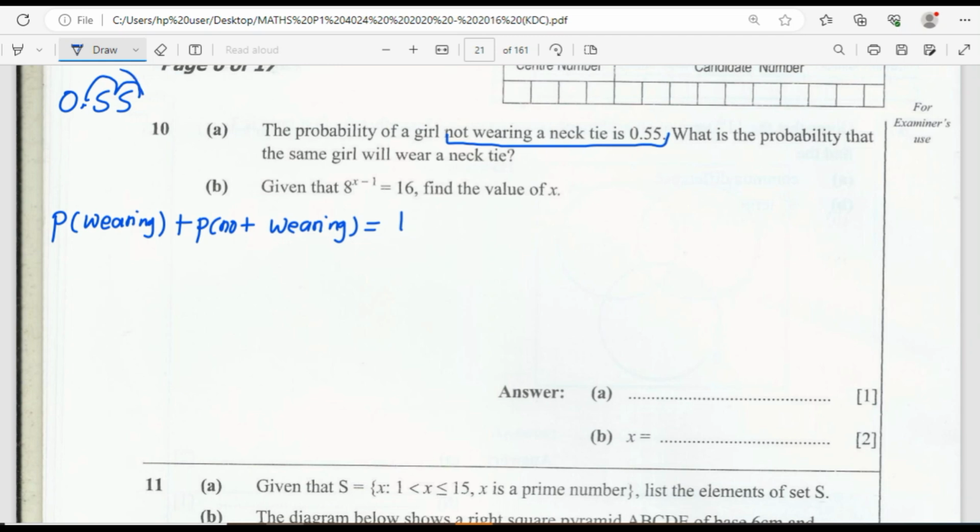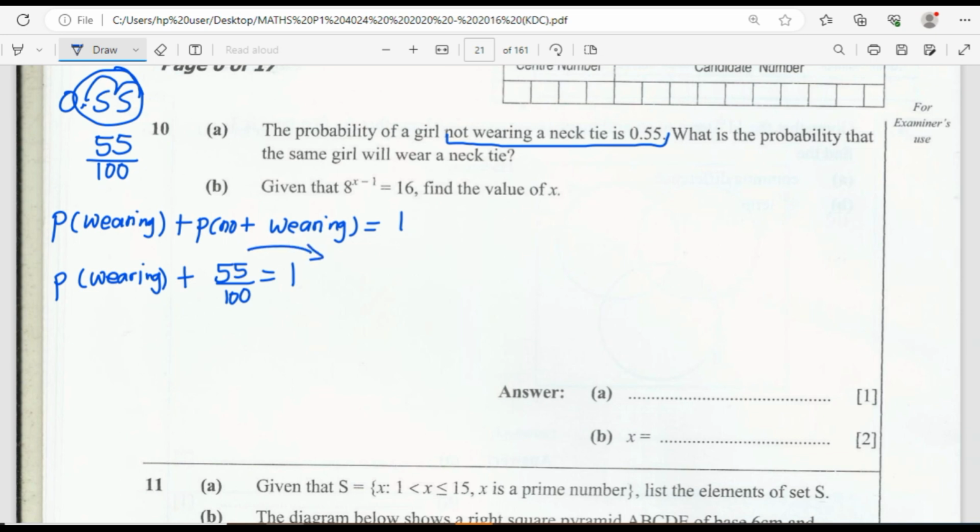So you just get the number after the decimal point, which is 55, over, since we have 2 decimal places, 100. With 3 it would be over 1000, like that. So the probability of wearing is what we are solving for, plus the probability of not wearing, 55 over 100, is equal to 1.